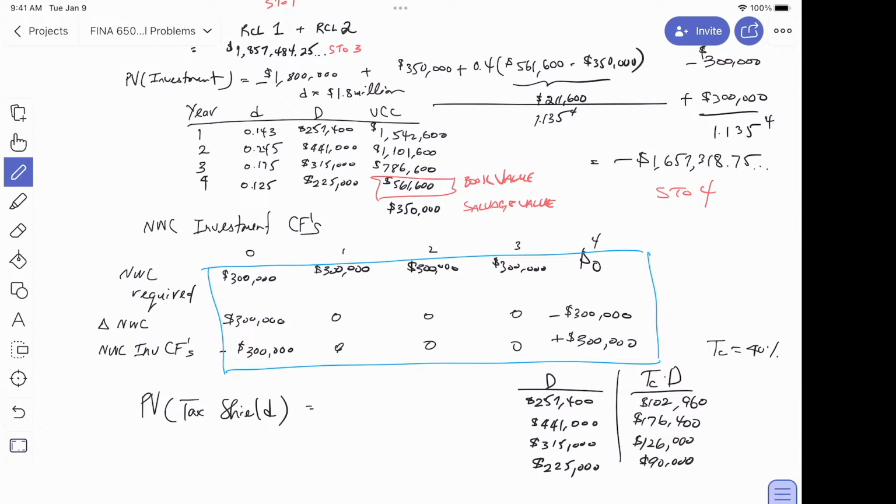These are all tax savings, so they're all positive cash flows. And you need to put these into your calculator, sorry, to get the present value, but I will just write them. You have to write out the equation for the test: 257,400 after year 1, $176,400 after year 2.